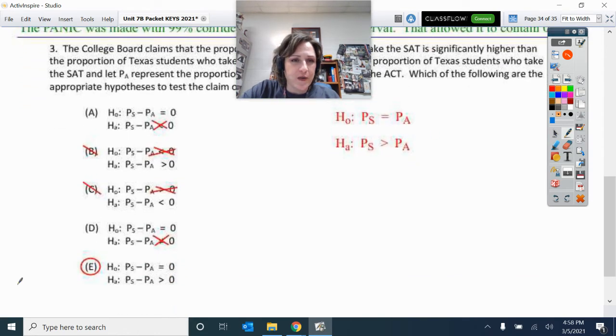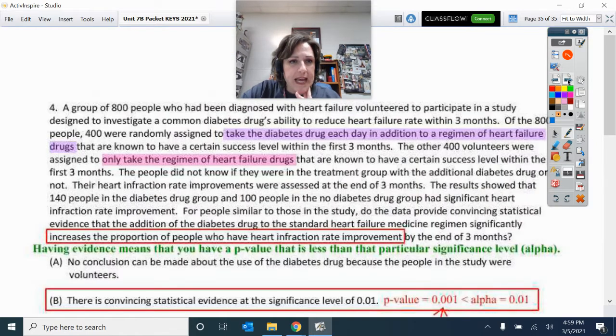I noticed that all of my answer choices revolve around subtraction instead of two separate proportions on either side of the sign. So this is the way I personally think about it first, and then I go find which one it is equivalent to over here. And it was E.